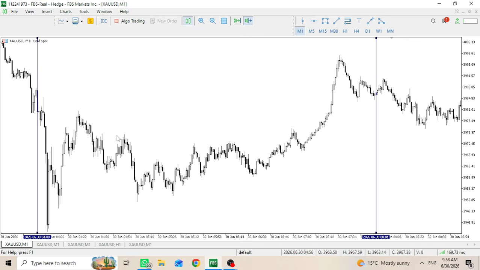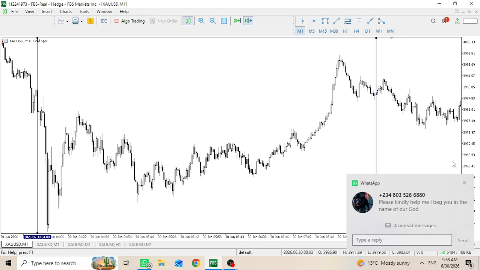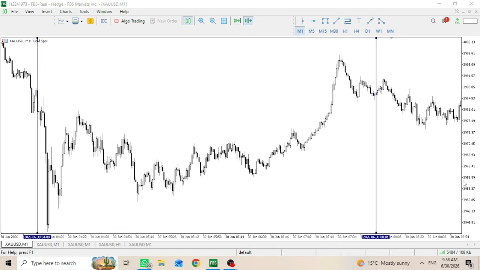You need to know which second, which minute the 4-hour candle opens, and the high and low of a 4-hour candle.